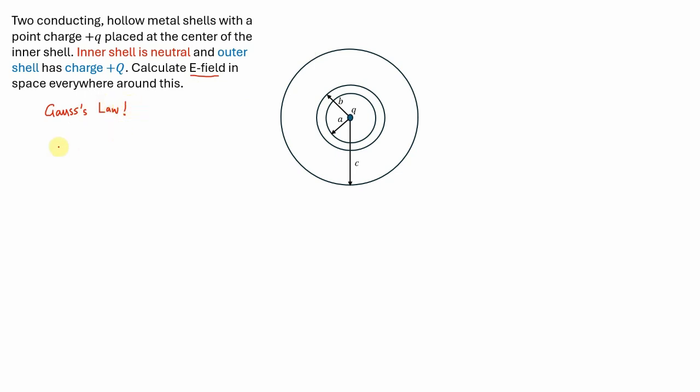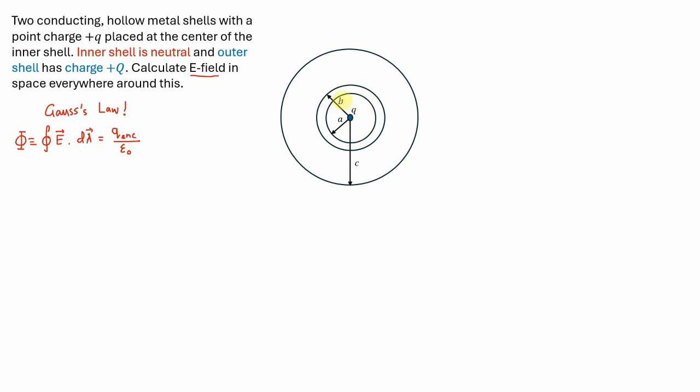Gauss's law tells me that the electric flux, defined as the integral of E dot dA through a closed surface, is equal to the charge enclosed by that closed surface over epsilon zero, which is a fundamental constant. dA, if you don't recall, is just the area element if you cut the sphere into infinitesimally small pieces.